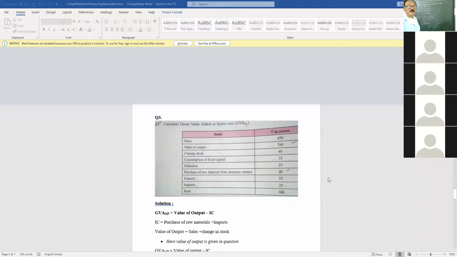Take down the next question. Calculate gross value added at factor cost. Are you all able to see the screen? Take down the question.